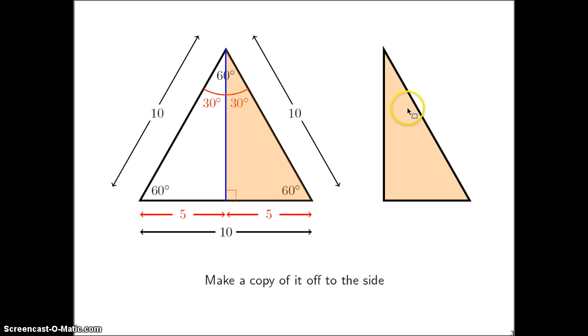All right, now what I want to do is label some things that we've discovered from over here, over on the right. So first let's copy over these angles, this 30 degrees, 60 degrees, and 90 degrees. We'll just copy those angles over there. Then let's copy this, there was this 10 that we copied over here. We're just going to copy this length 10, that's this side right here. Notice where it is over on the right, it's this length right over here.